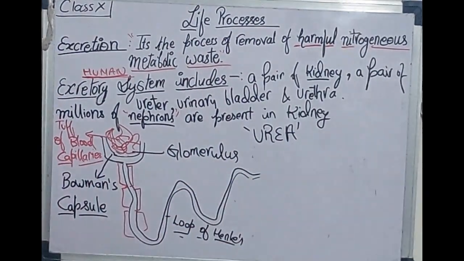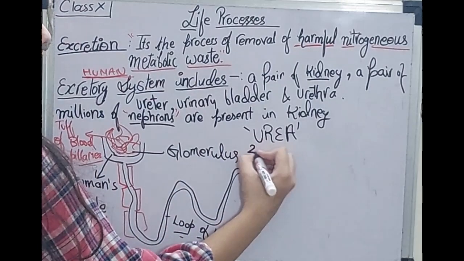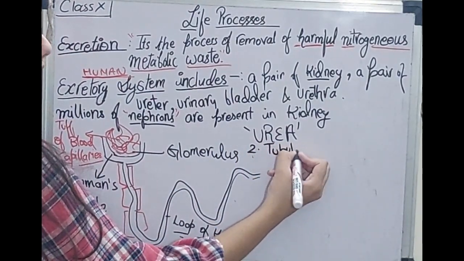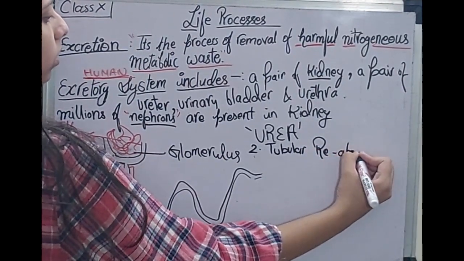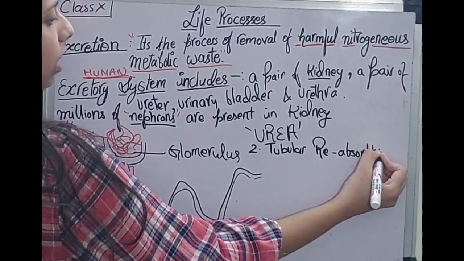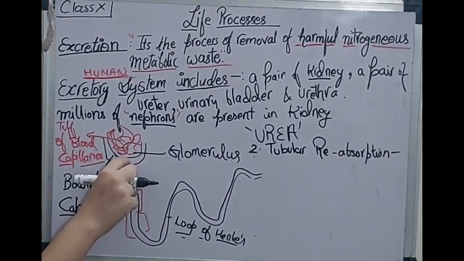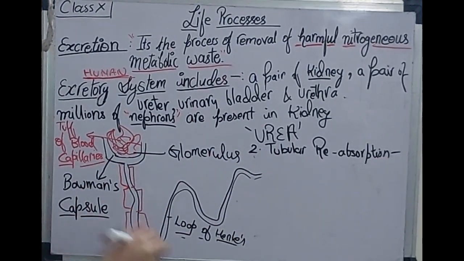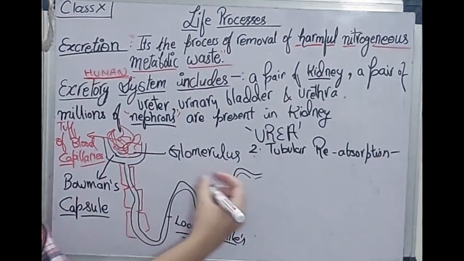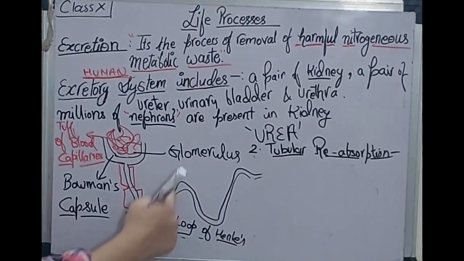Okay. Then second is tubular reabsorption. Tubular reabsorption. अब ये क्या होता है? Can you see it's a tube-like structure? After Bowman's capsule, this whole is a tube-like structure. तो I can justify कि ये जो इस tube में कुछ reabsorption हो रहा है. Reabsorption is taking place in this tube.